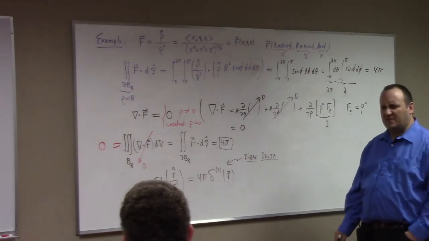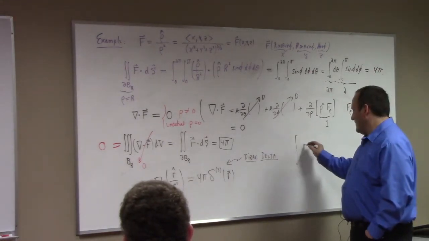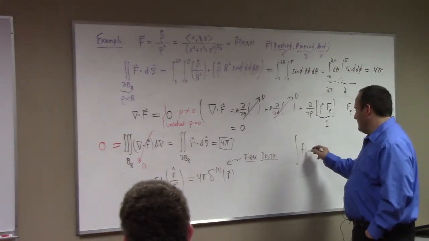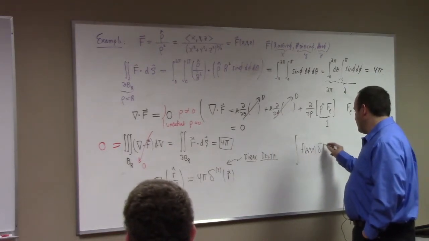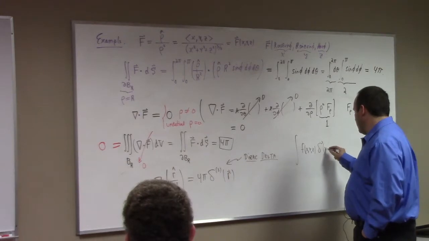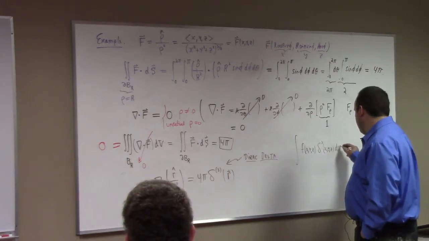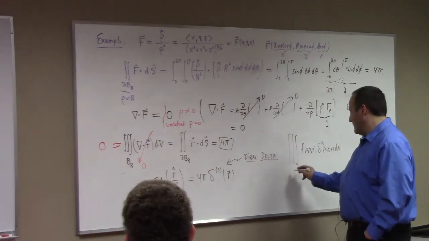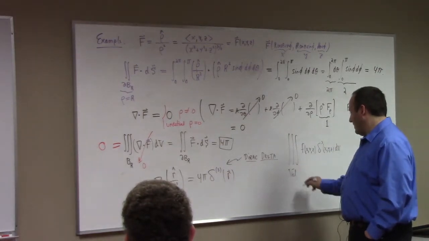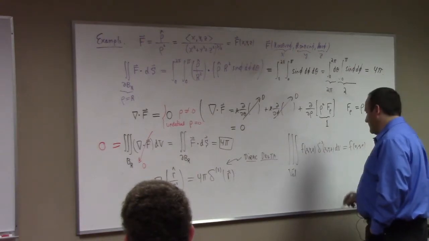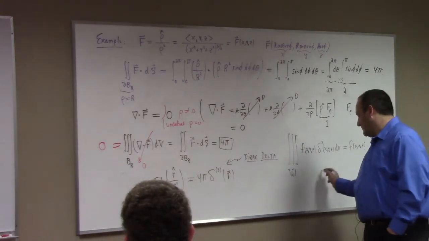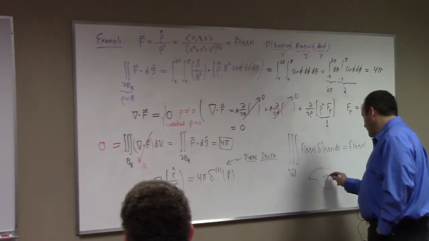It's got the very curious property that if you integrate a function of x, y, z times the delta function, delta 3 of x, y, z, dV over some volume, it's equal to f of 0, 0, 0, provided that this volume includes the origin somewhere.